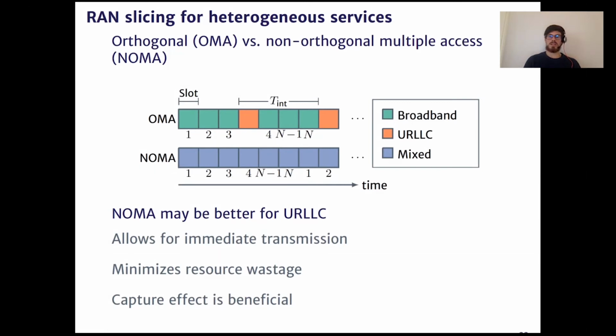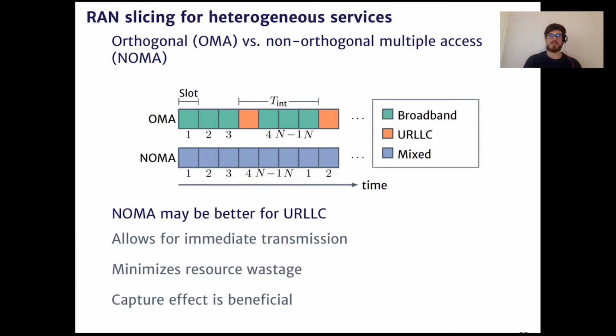For OMA, we will have broadband user active in some slots using some erasure coding, and we will do TDMA basically with the URLLC users. Of course, if this is URLLC, we have to schedule them quite frequently in this figure, once every 4 slots. So basically we're having some broadband traffic with potentially some URLLC traffic if our channel uses are sufficiently large.